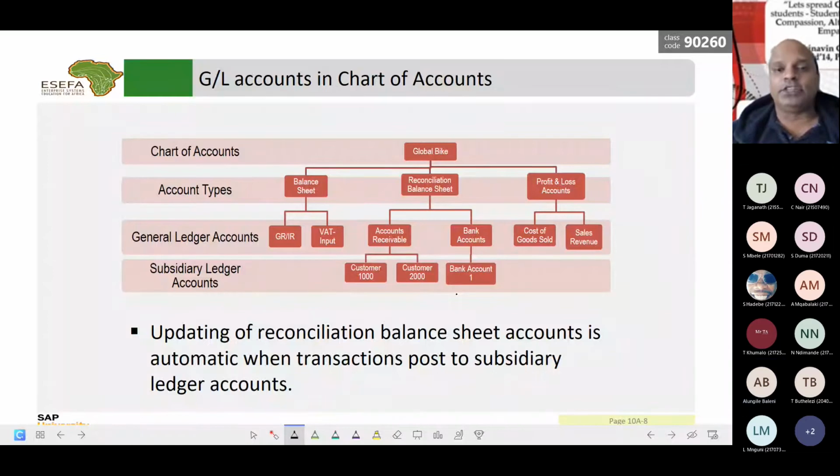Updating of reconciliation bank accounts is automatic when transactions are posted to subsidiary ledger accounts. Now, this is the lovely thing about using SAP. If I could sell this idea to you about using an ERP system. If, for instance, a supplier has to provide us with, let's say, bicycle wheels, and payment is made from the bank account, it is automatically processed.